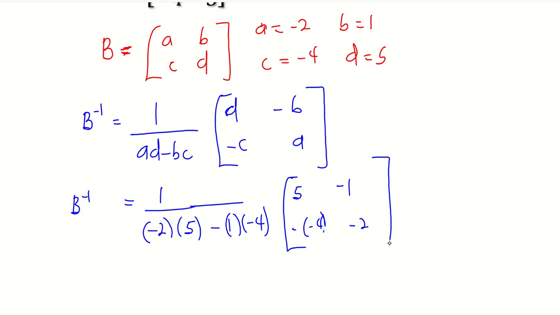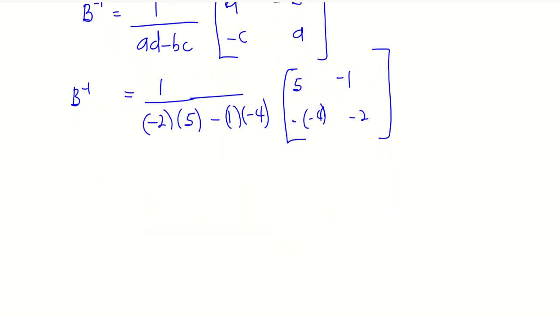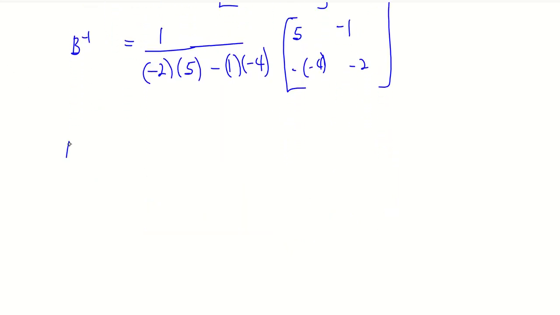And so we continue by simplifying. B inverse now is equal to 1 out of, now minus 2 times 5 is minus 10, and 1 times minus 4 is minus 4, but there is an existing minus here, and so we have plus 4.